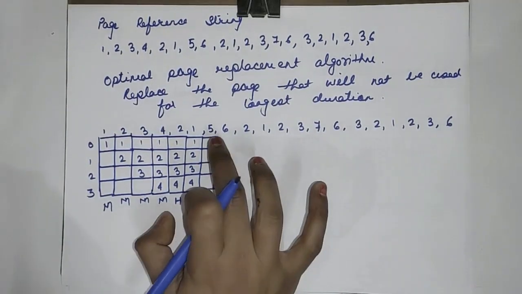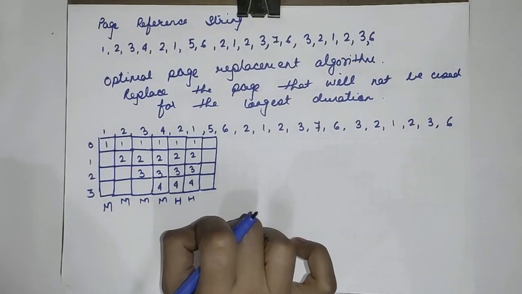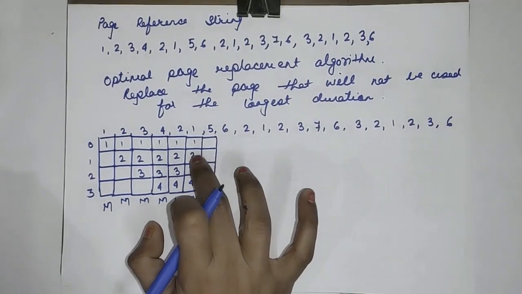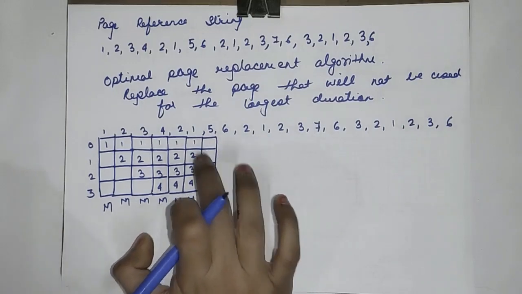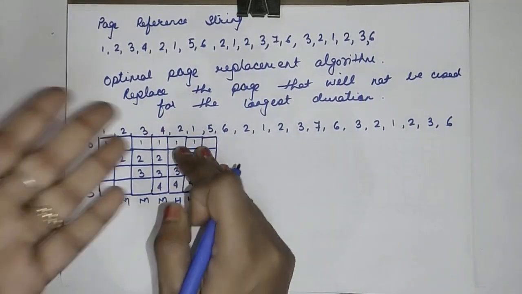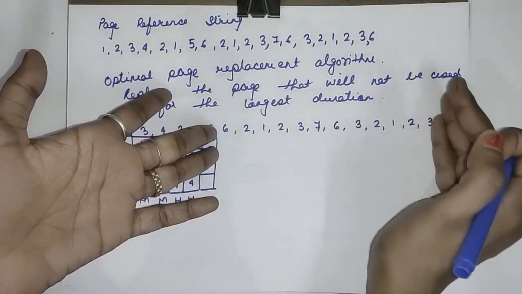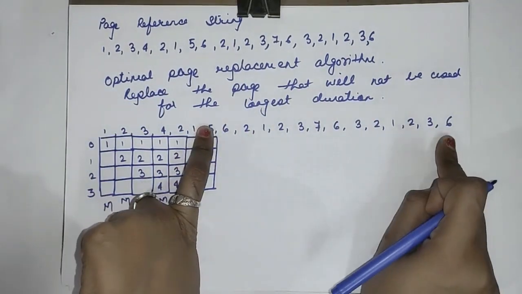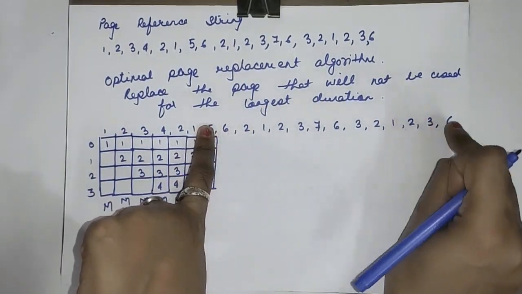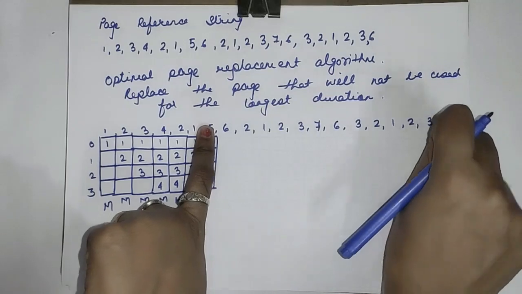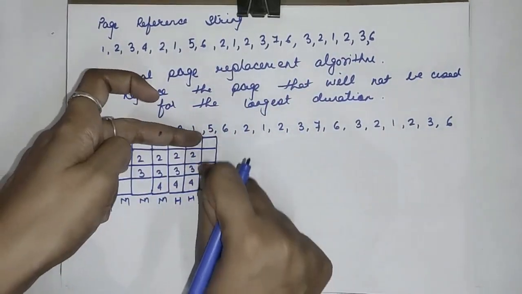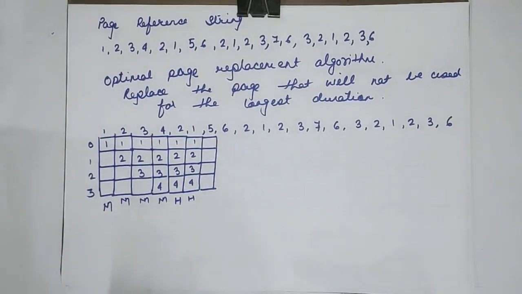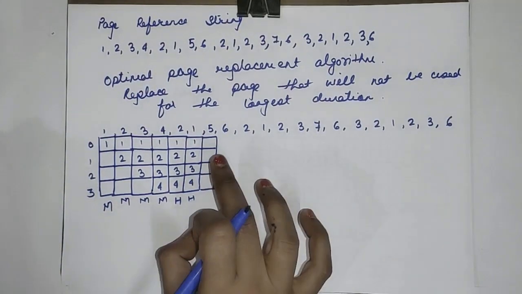Now here I need to insert 5, and as I can see it's not present. So I'm going to see after 5 which page will not be used and is present in memory, and that particular page will be replaced. So let's check.